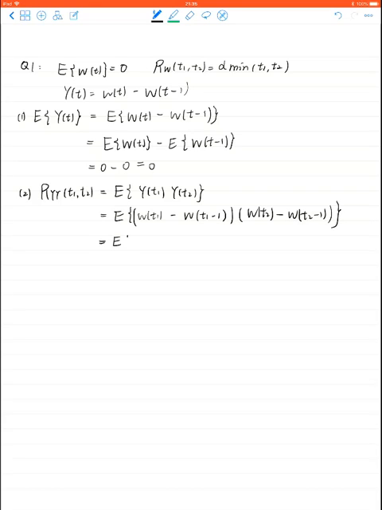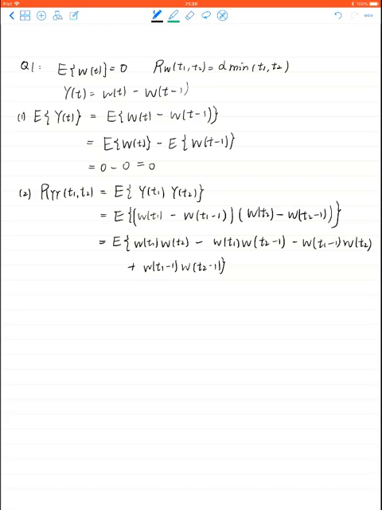And that should be E[Wt1 Wt2 minus Wt1 Wt2 minus 1 minus Wt1 minus 1 Wt2 plus Wt1 minus 1 Wt2 minus 1].